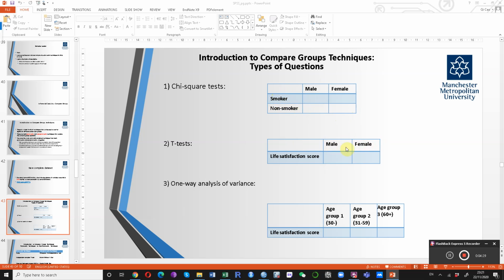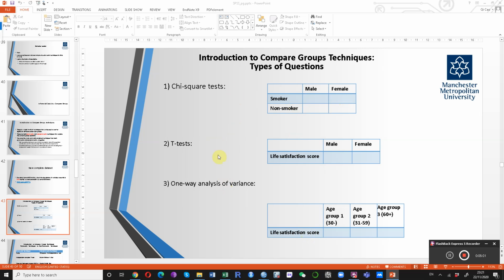Male and female are the categories of the independent variable, and life satisfaction score is the dependent variable. And same here, age group 1, 2, 3 are the categories of the independent variable, and life satisfaction score is the dependent variable. So you can see already the difference among these tests.